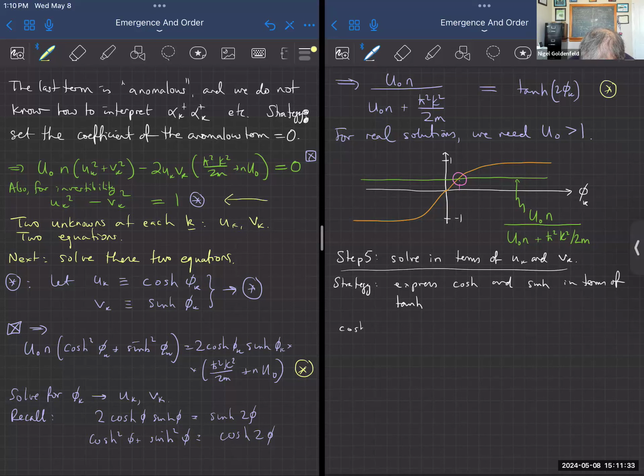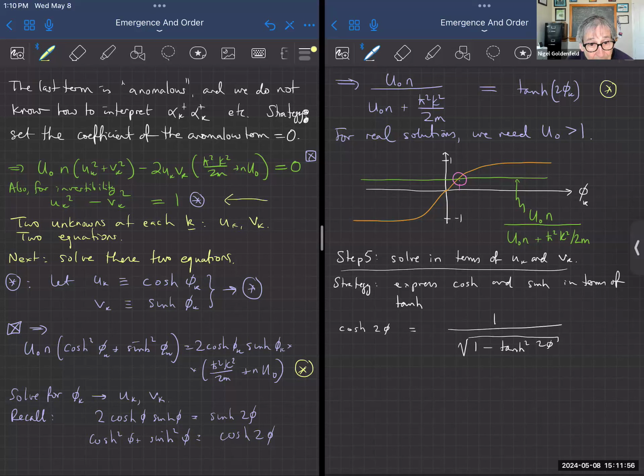I just say, well, cosh of 2 phi is equal to 1 over the square root of 1 minus tanh squared 2 phi. That's because 1 plus tanh squared is sech squared, whatever.